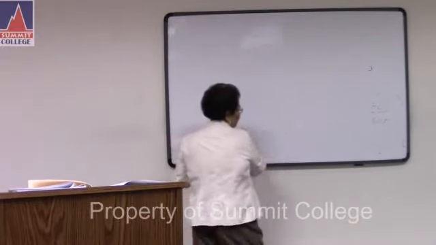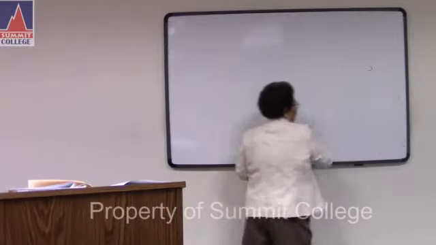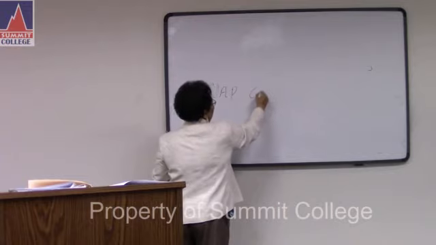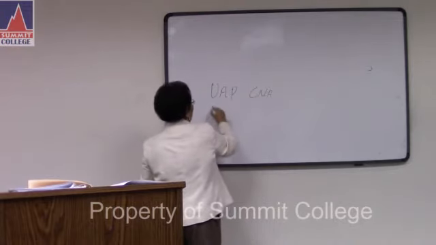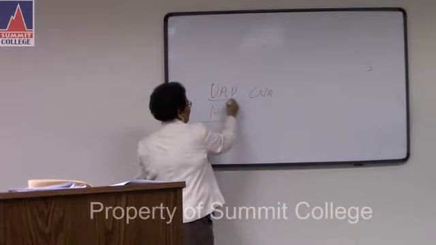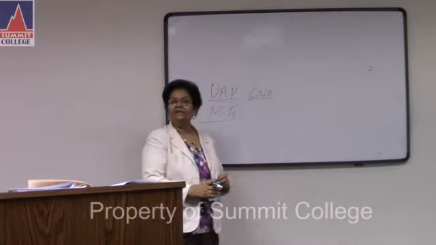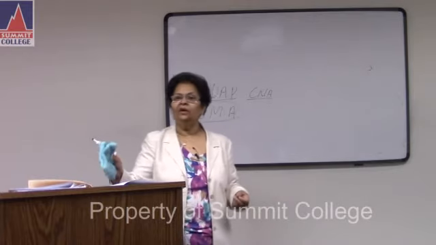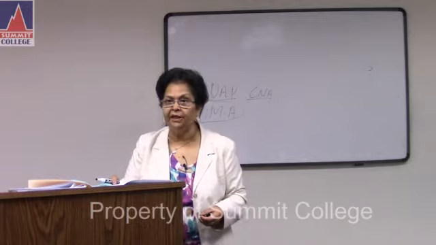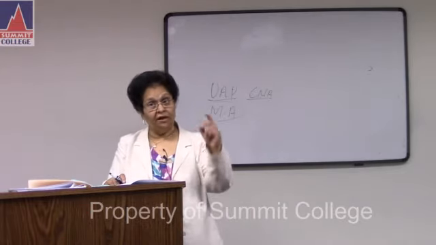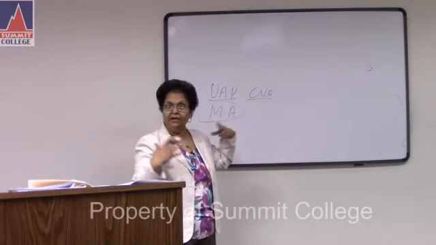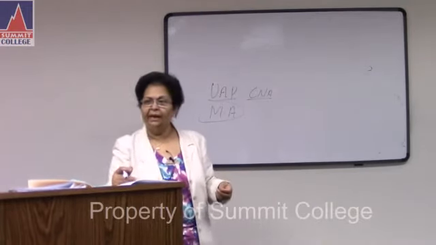If you have a UAP, a CNA, and an MA, medication aide or assistant, always teach them. When you give an assignment, make sure they understand, and teach them continually to make sure the work is done correctly. Because if they make a mistake, who is responsible? Again, us. So we have to do proper delegation.